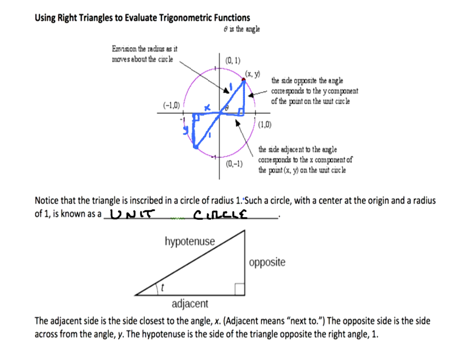The side opposite of the angle corresponds to the y component of the point that you found on that circle. And the side that is adjacent to your angle theta here corresponds to the x component of that point on the circle. So that's a basic idea of what the unit circle is.